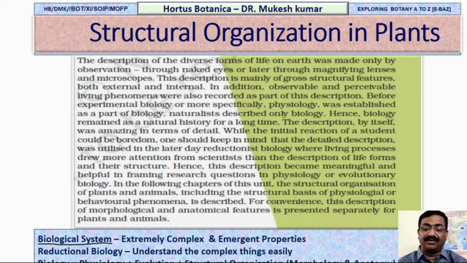As a whole, it is biology. So you can say this biology as well as the biological system is extremely complex, with its emergent properties, showing emergent nature, and they are going to grow and grow up.